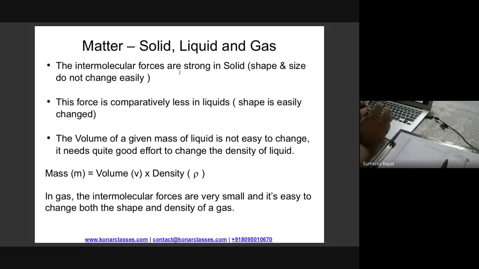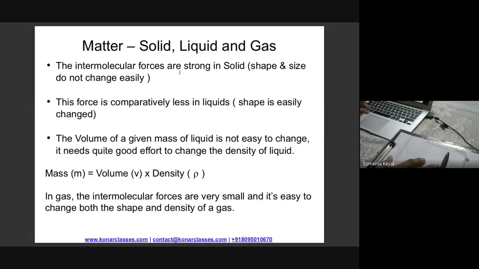Ice is the best example. If we heat ice, it will become water, and if we heat it more, it will be vaporized, and that will be a gaseous state. So in the case of ice, the intermolecular forces are strong compared to liquid.